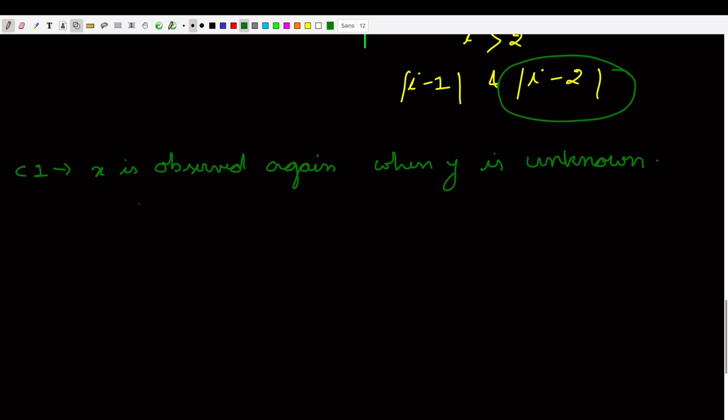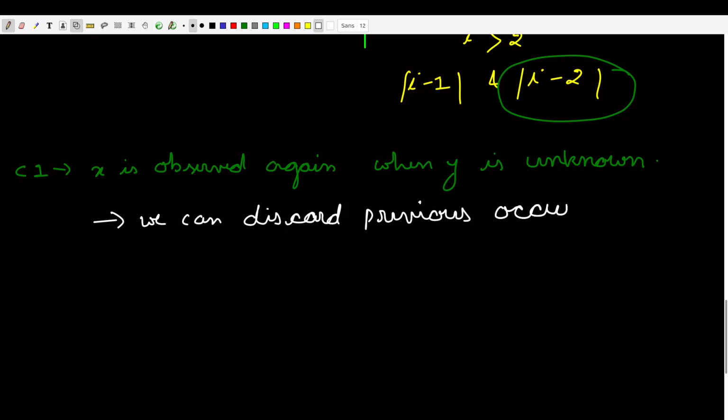In such cases we don't have to store x. So in this case we can discard the previous occurrence of x, right? That is what I have explained over here.